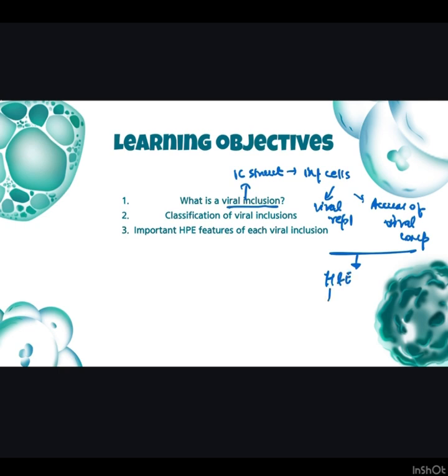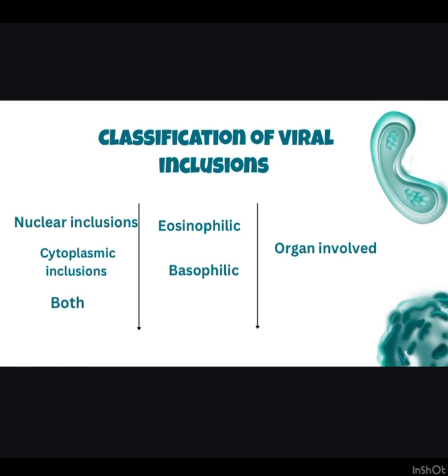Sometimes we also use certain special stains in order to confirm whether it is a viral inclusion that we are looking at. After this, the next objective is to classify the viral inclusions, and we will also discuss the important histopathological features of each. Viral inclusions have three distinct classifications.